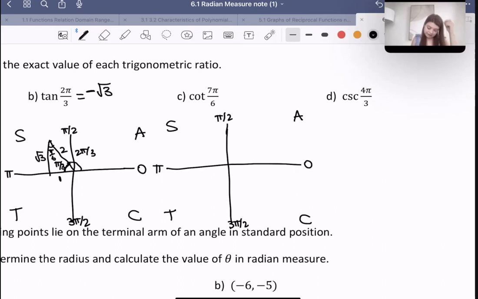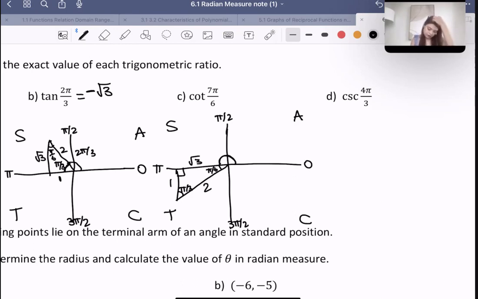And we have 7 pi over 6, which is going to end up in quadrant 3, because here we have 6 pi over 6, right? A full pi. And then we have one extra pi over 6 sliver like that, which means this is pi over 3. And then we have root 3, 1, and 2.